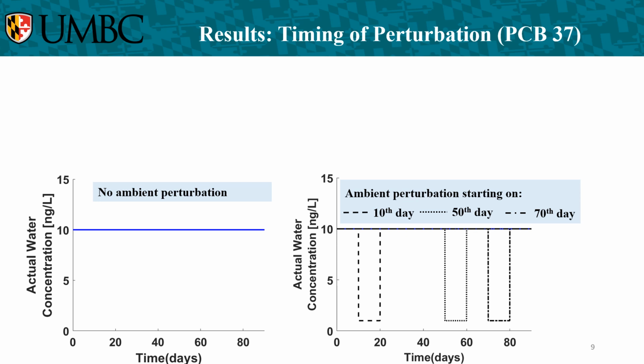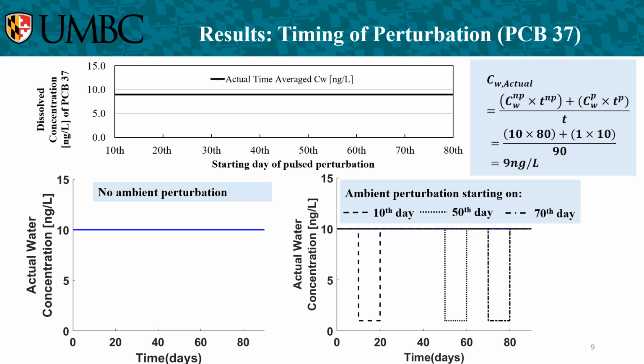The plot on the left shows how the actual water concentration varies with time under the no perturbation scenario. And on the right plot, we have the pulsed perturbation starting on the 10th, 50th, and the 70th days, represented by the different dashed lines. So when the perturbation hits, the concentration goes down from 10 nanogram per liter to 1 nanogram per liter, and then back to 10 nanogram per liter post the perturbation.